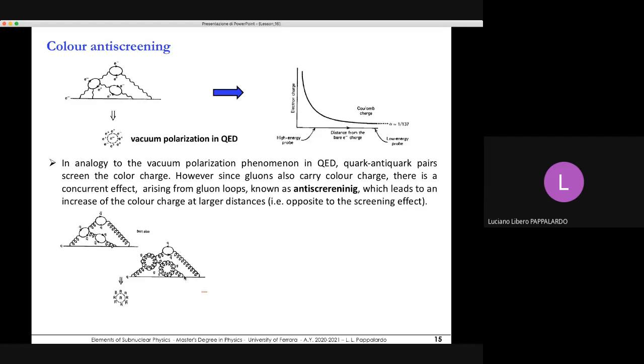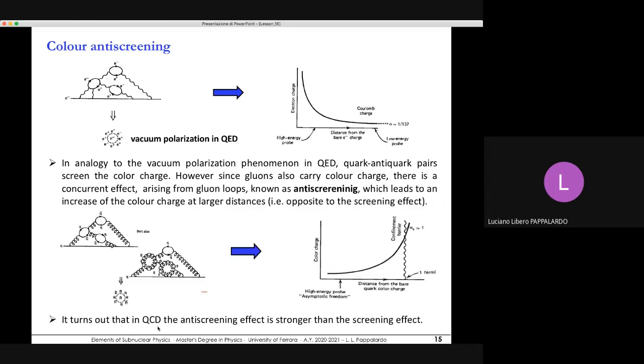And it turns out that the effect of the gluon loops is opposite. So instead of having a screening of the color charge due to the q q-bar pair, we have in addition an anti-screening of the color charge due to this concentration of gluons close to our original quark. And so this anti-screening effect leads to an increase of the color charge at a larger distance, which is indeed the opposite of the effect observed for the screening effect.